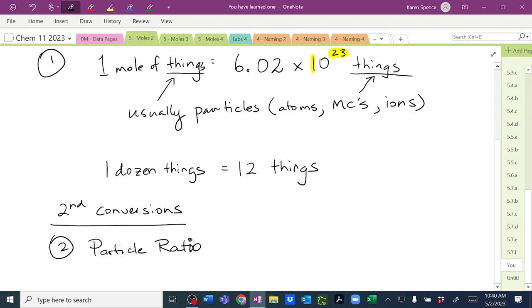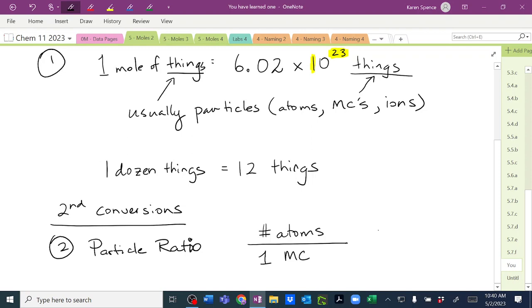It is the ratio of the number of atoms in 1 molecule. Do you remember we did that last day? And you counted a bunch of things for homework?